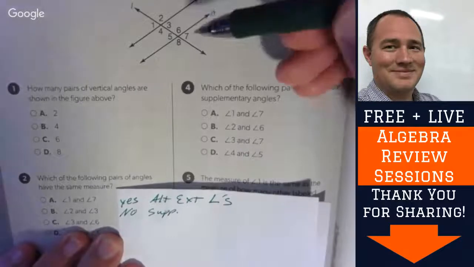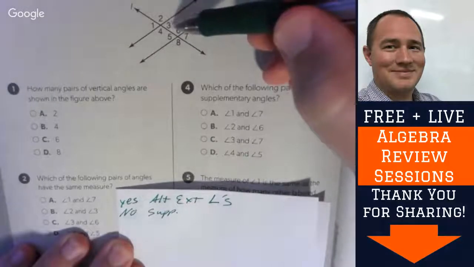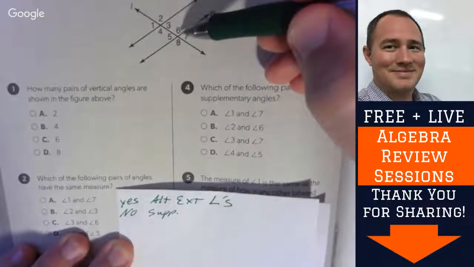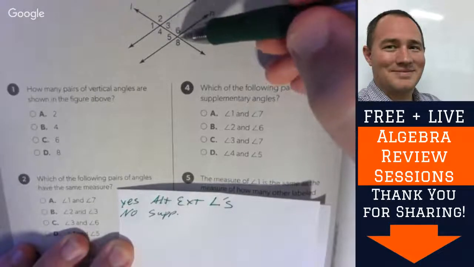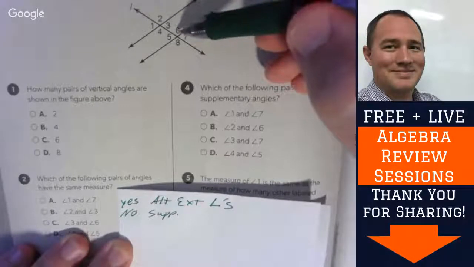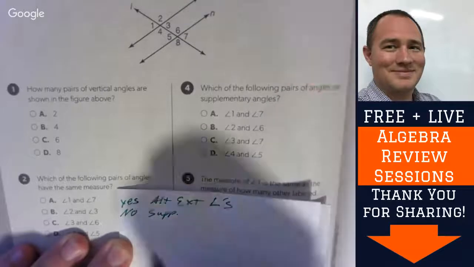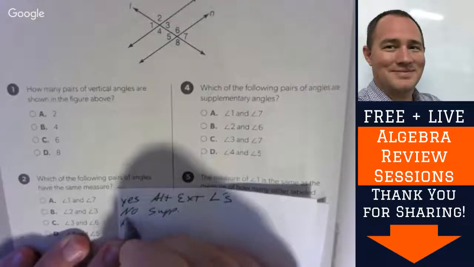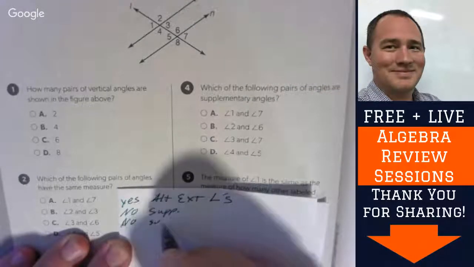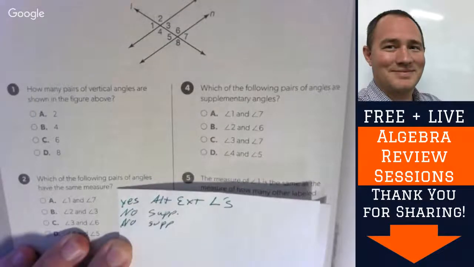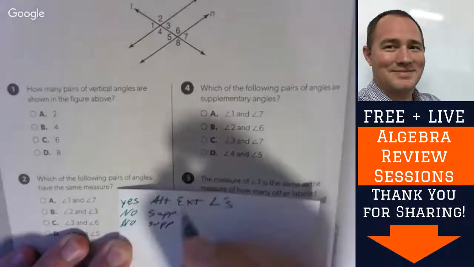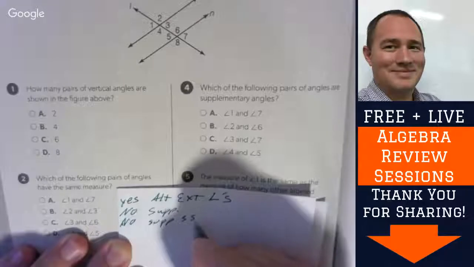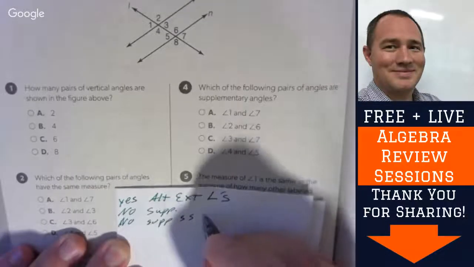How about C? 3 and 6. Those are same side interior angles, and those would be supplementary as well. So we could call those same side interior if you want to.